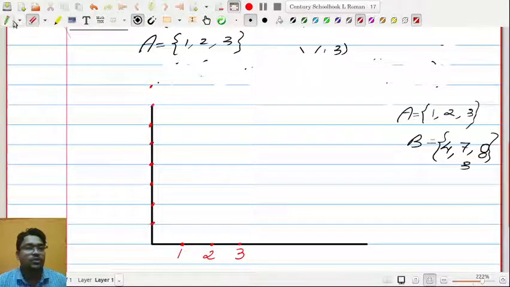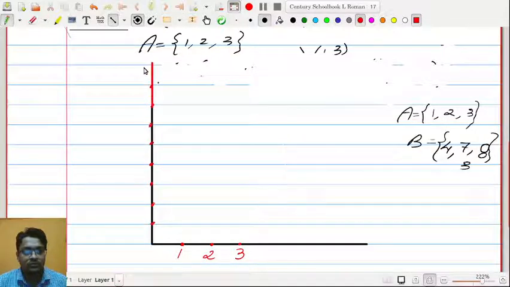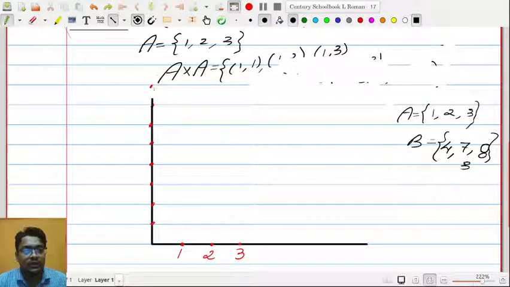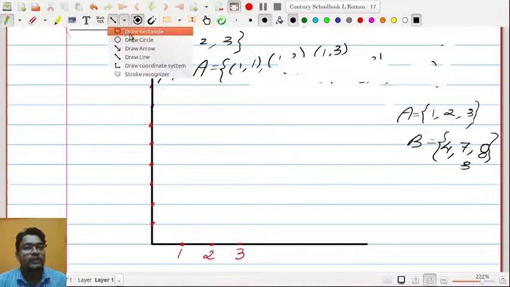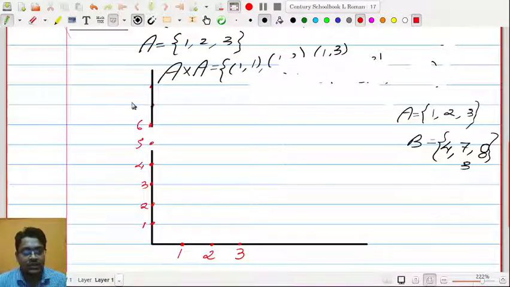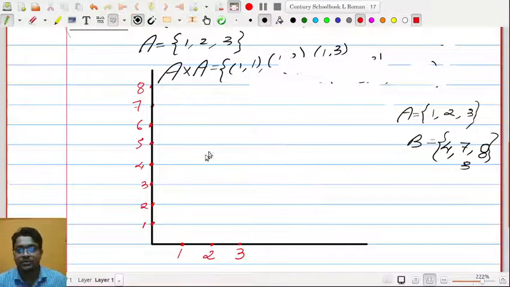Suppose I draw this line now, in black color, and designate some points here.